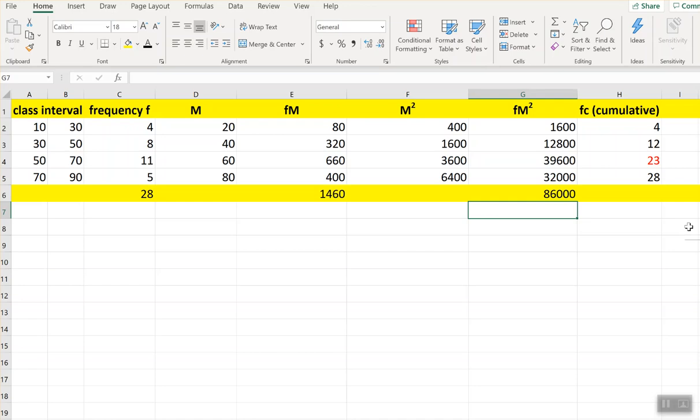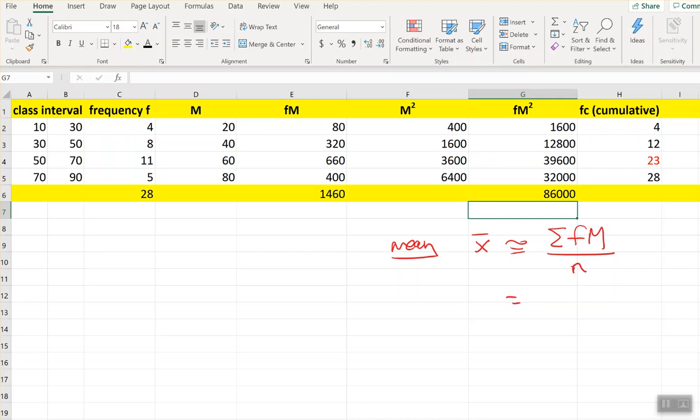So let's start with the mean. The formula is x bar, since it's a sample mean, approximately equal to the sum of f times m, the frequency times the midpoint, divided by n.